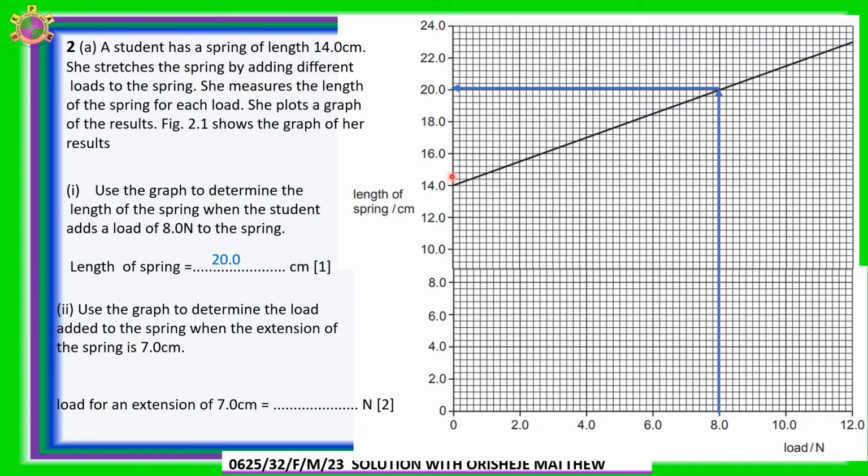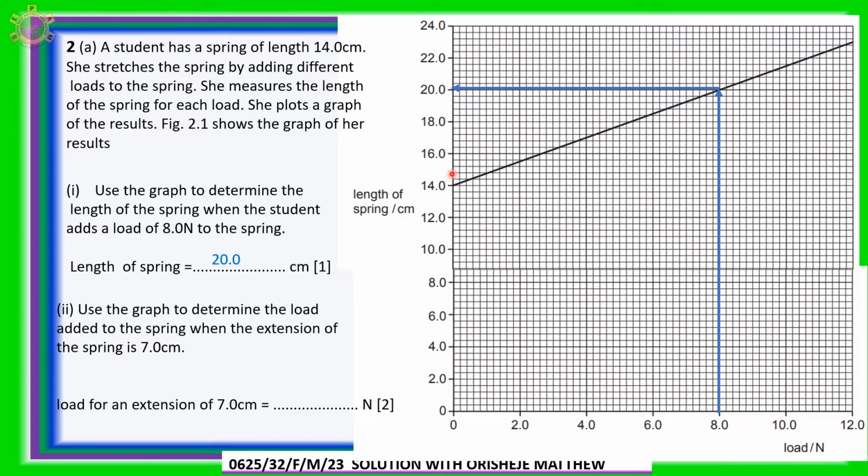So the new length is going to be 20 cm. So the load of 8 Newton will stretch the spring from 14 cm to 20 cm. So what is the extension? Extension is 20 take away 14, which is about 6 cm.